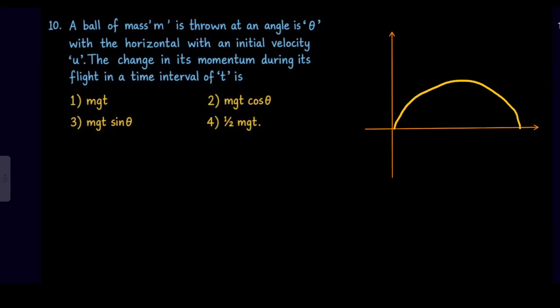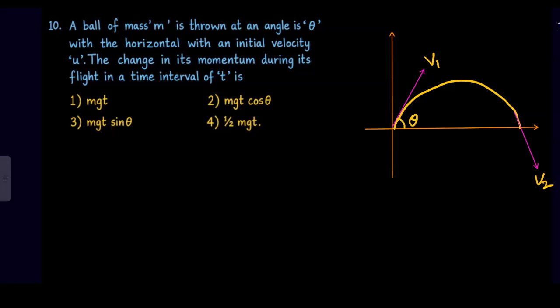At this location we have the velocity v1, the initial velocity. And when it reaches here, the velocity is v2, and this angle is equal to theta.